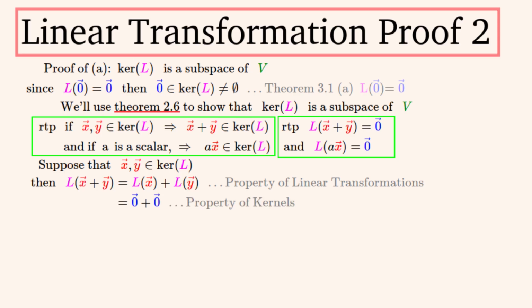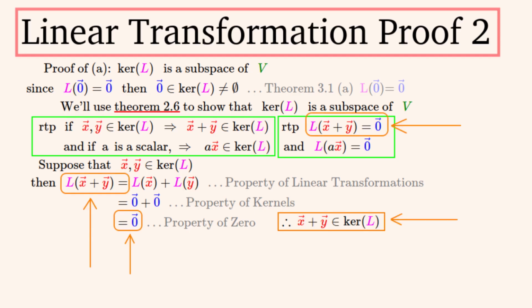And because these two vectors are in the kernel, after we apply the function L to them, L will return 0 for each of them. And the sum of two zeros is 0. It's a property of one of the zeros that it will disappear, leaving the other zero behind. So the linear transformation L applied to the sum of these two vectors maps it to 0. So the sum of these two vectors is in the kernel.